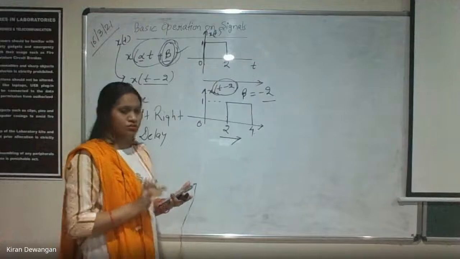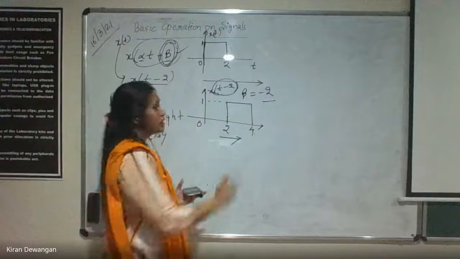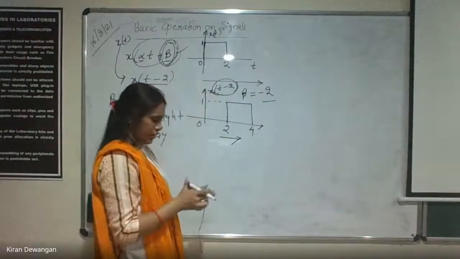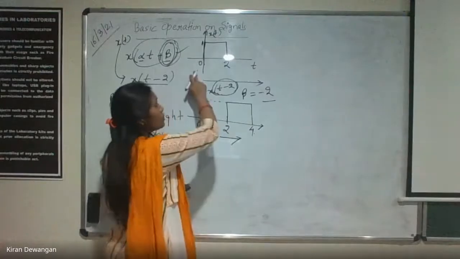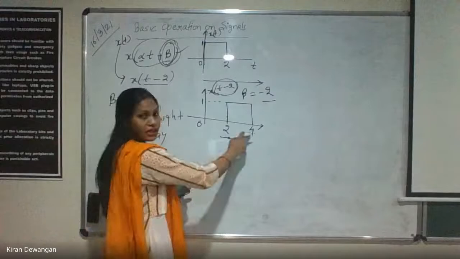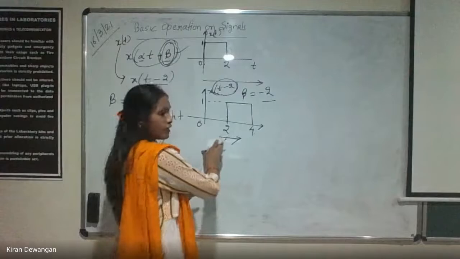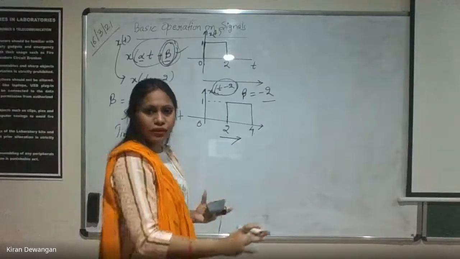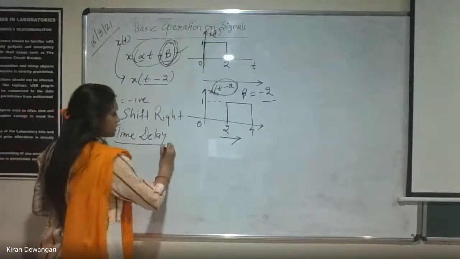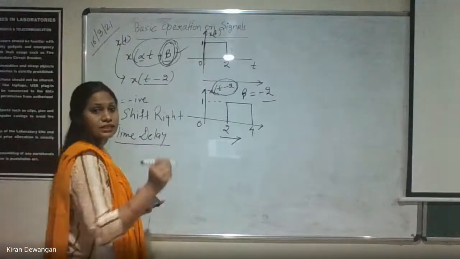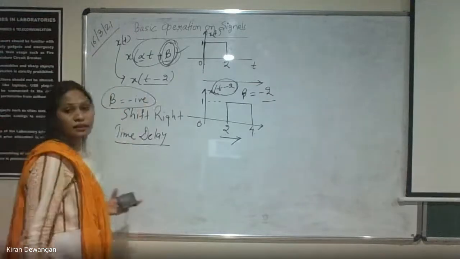Delay in time means that this x of t was starting at 0, right? But now it is starting at 2 time units, whether minutes or seconds, whatever it may be. So after 2 units of time it starts, which means there is a delay. The delay will take place if the beta value is negative.